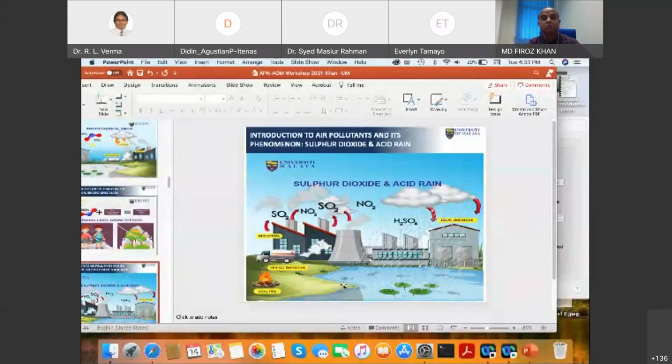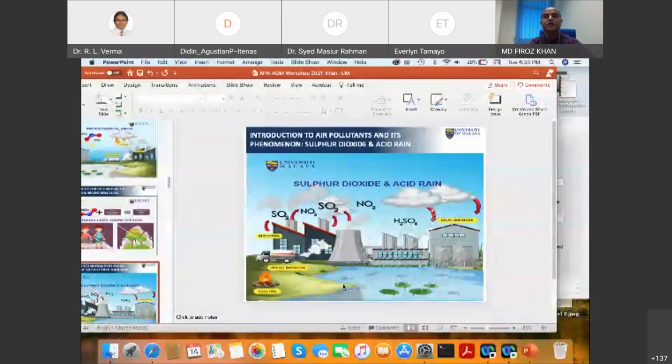And now you may understand how these acidic gases can change the acidity of our rainwater, and also our surface water, how the acidity of the surface water can change.